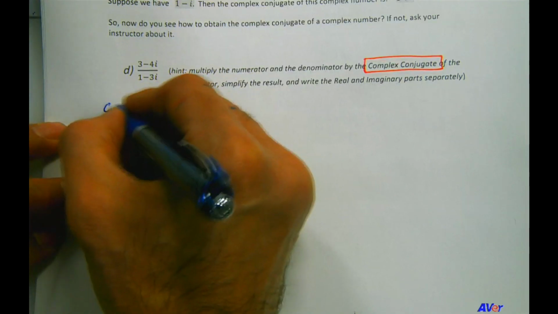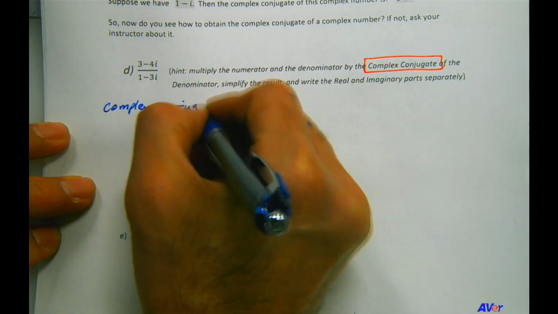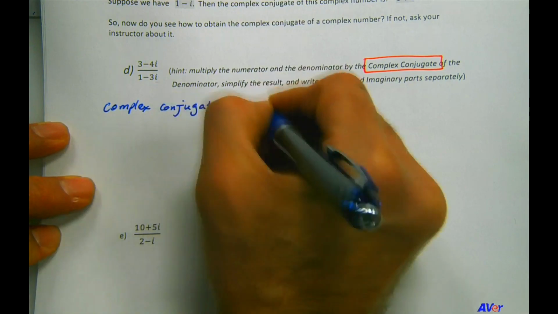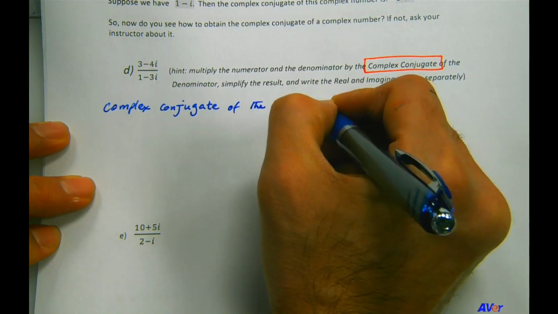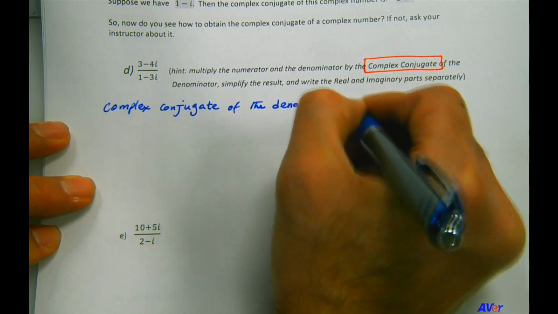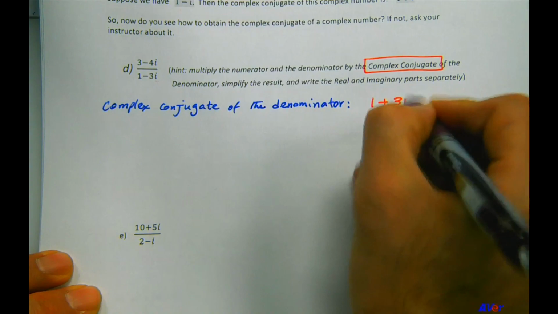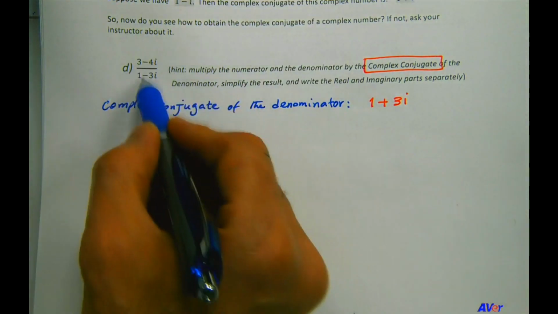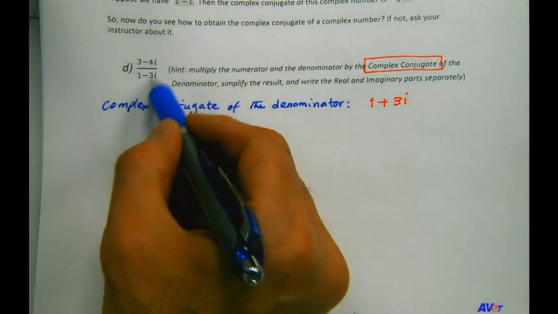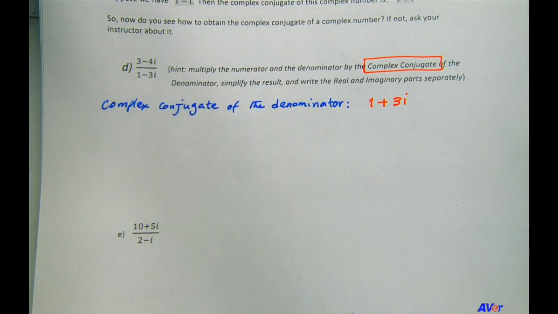So the complex conjugate of the denominator is equal to 1 plus 3i. Okay, so what do we do with that? We use it to multiply the numerator and the denominator by that in order to get rid of the complex number in the denominator. So let's do that.